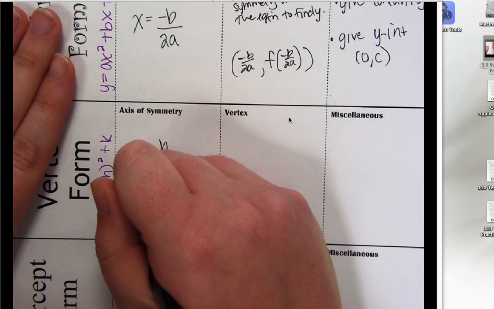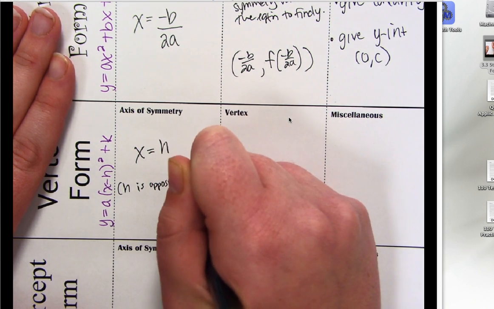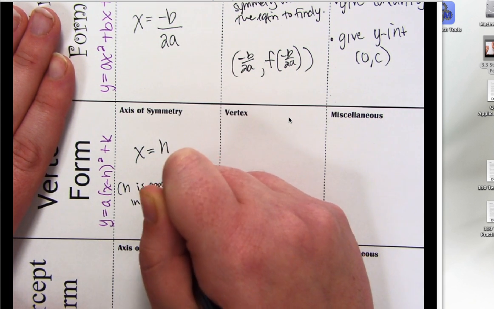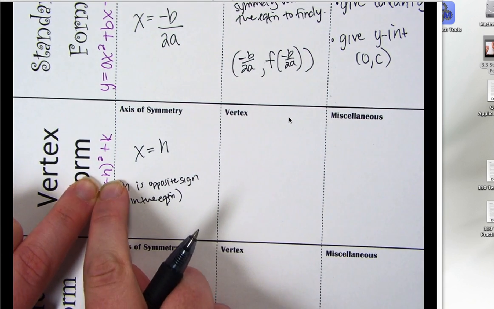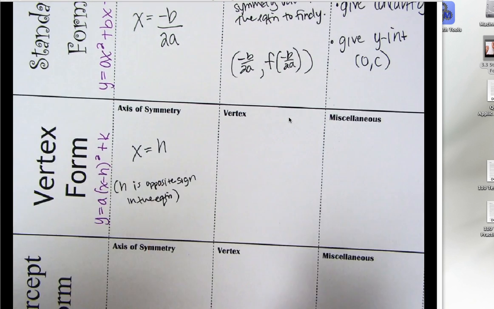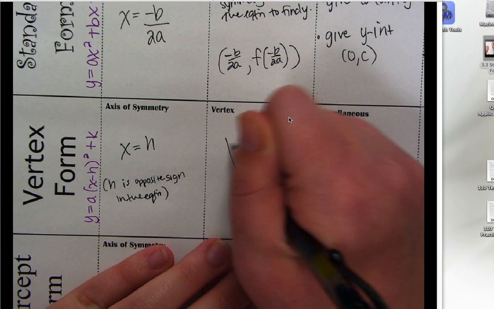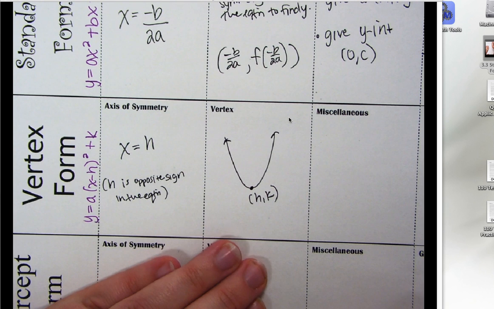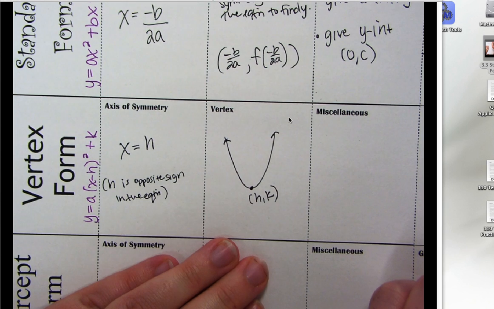It is important to note, though, that h is the opposite sign in the equation. So if it's helpful for you to remember, in the equation it reads as minus h, and the actual x value is just h. Okay, the vertex. This is the easiest one to find. On our graph, that vertex is literally just the ordered pair h comma k. So no calculations needed. You can just identify the two values from the form.